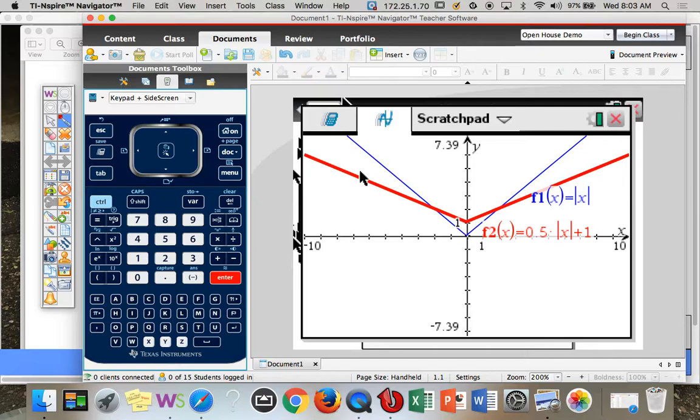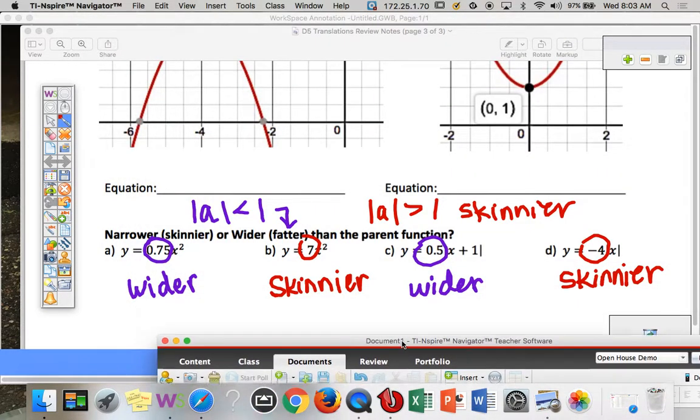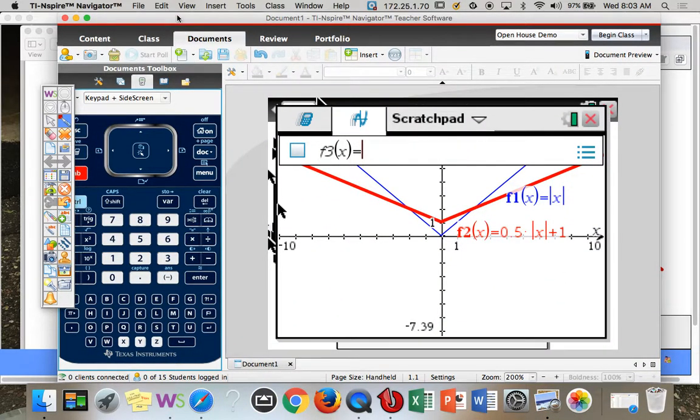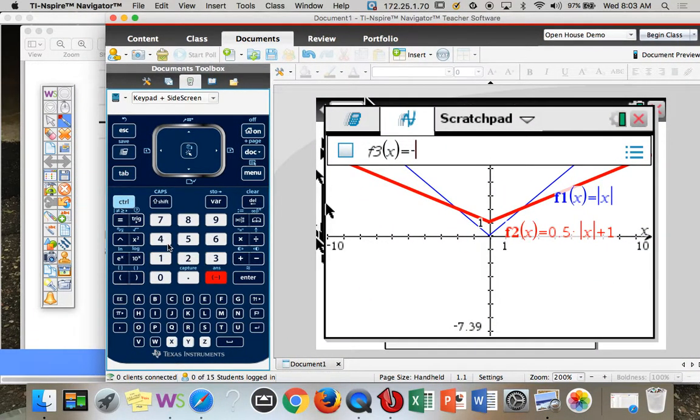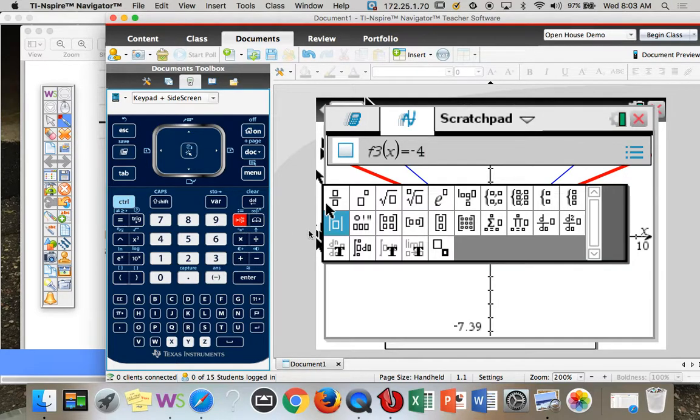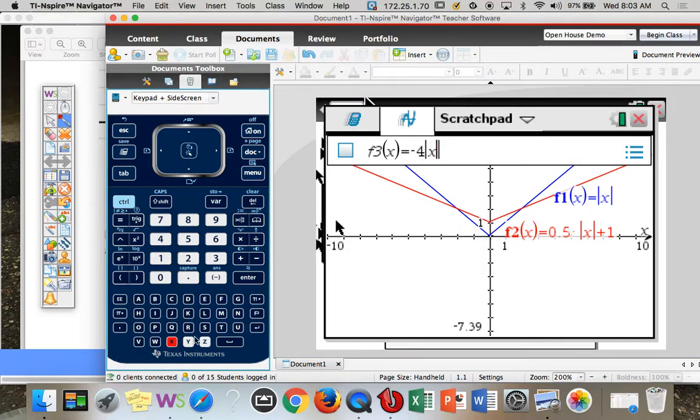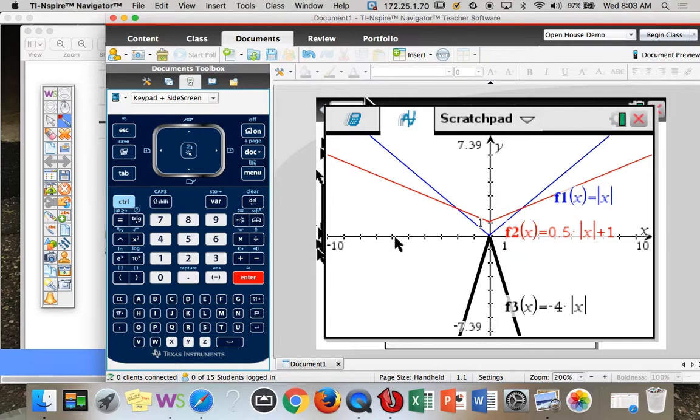So we can see that it's a lot wider and it shifted up one. Let's do the last one, which was -4. So it should be skinnier and upside down. So you see it's a lot skinnier than the blue function and upside down.